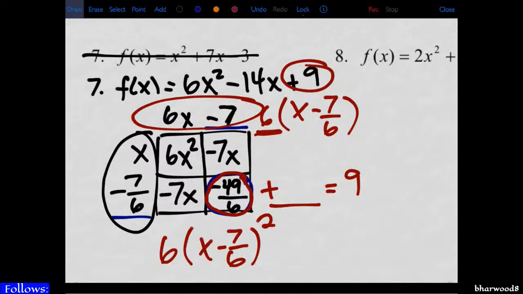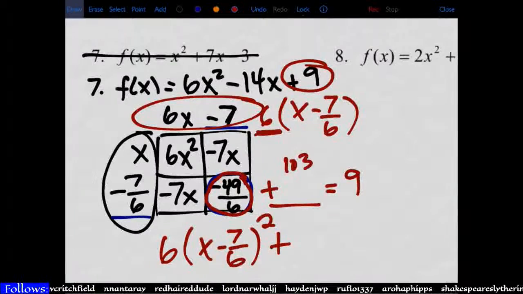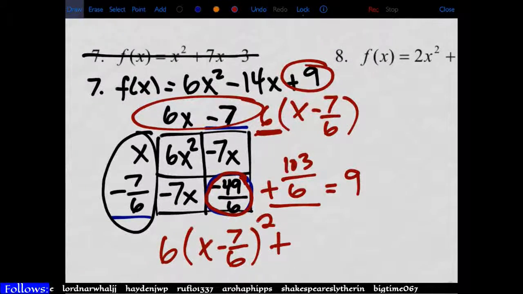So now I'm going to get out a calculator, because I don't want to do this in my head. I have to add 49/6 plus 9, which is 54/6. So it's going to be 103/6, I believe.